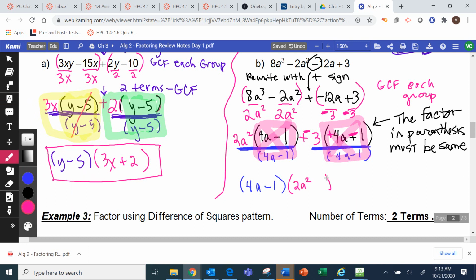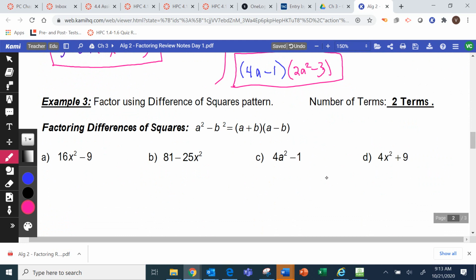Two a squared minus 3. Okay, that is factor by grouping. Almost done. We have one more that we're learning today. And the last section that we're learning today is for 2 terms.